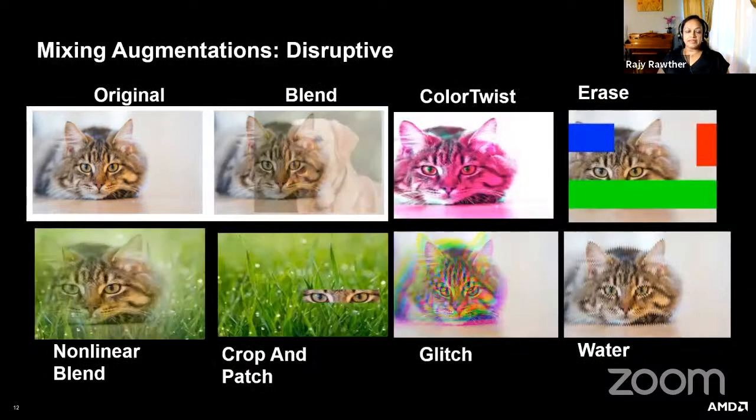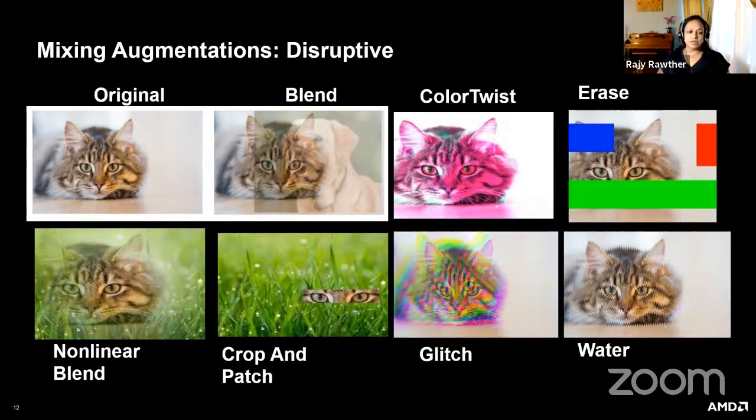The last category, as I mentioned before, is the mixing augmentation, and they are more like disruptive augmentations. You can see that the original image is kind of destroyed by blending the cat image with a dog image in this example, and it's color twisted, and some part of it is erased by applying these color patches.